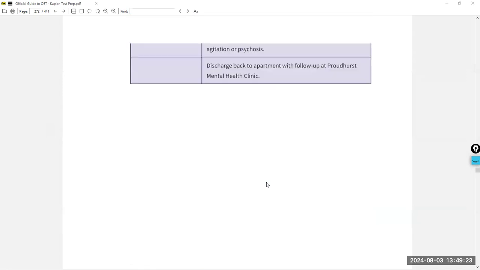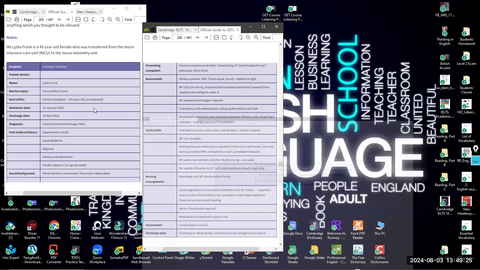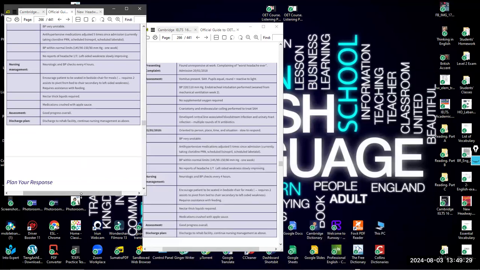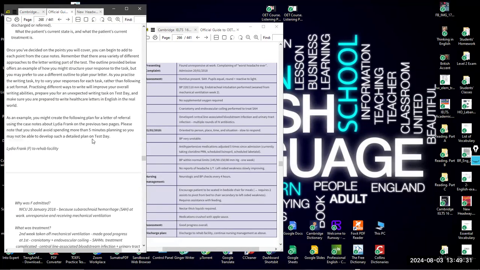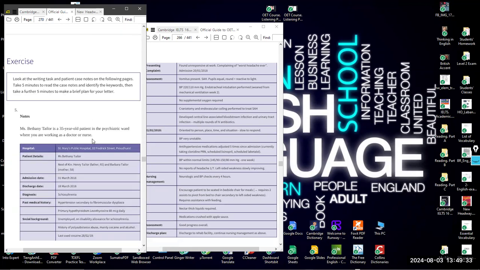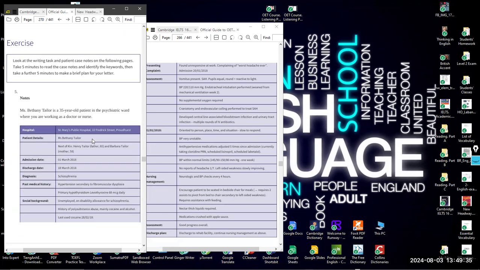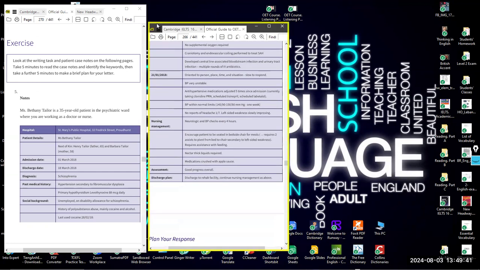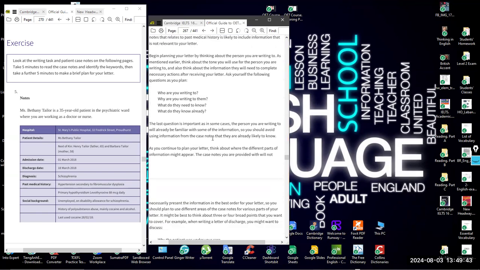Okay, I think I have to do the same. I have to split my screen into pages just to be able to take a look at the information that we have and to plan your letter. Okay, let me scroll down.